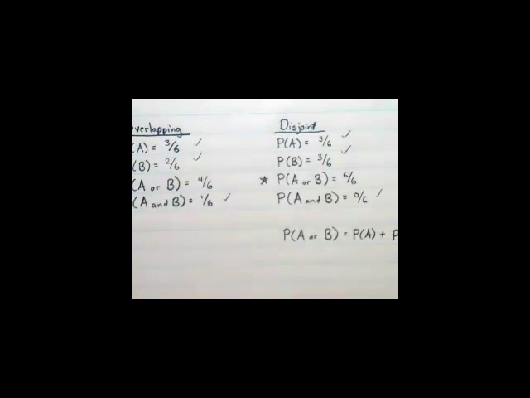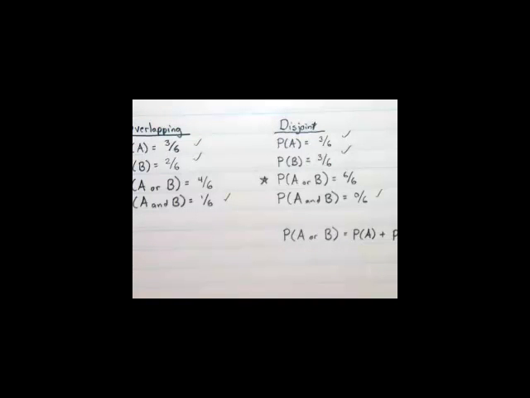Now, look at overlapping. Does that still work for overlapping? Take a look at the numbers we have for the probabilities there. How would I get that one? Yeah. Probability of A or B equals the probability of A plus the probability of B minus the probability of A and B. Exactly. So if it's overlapping, and in fact it works for this one too because the other one's always 0. But A or B is always these two added together, but then subtract this.